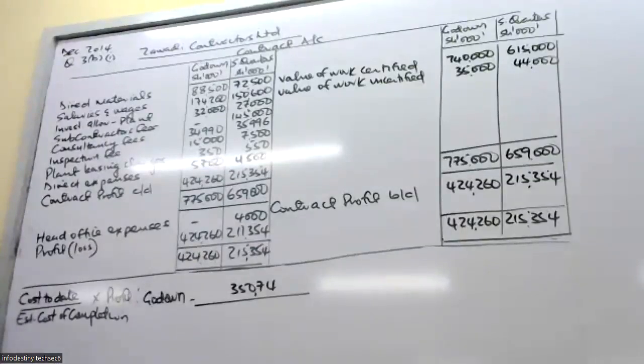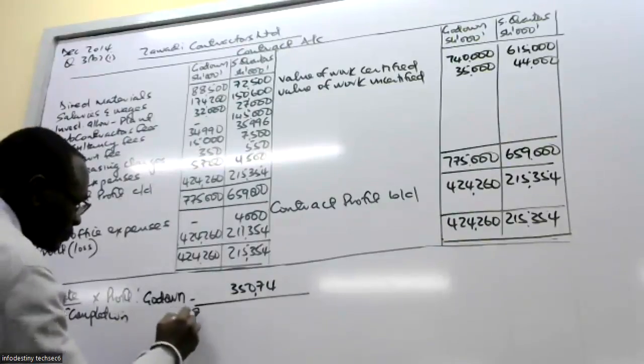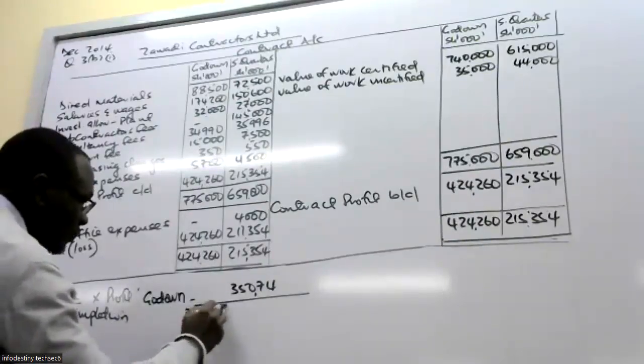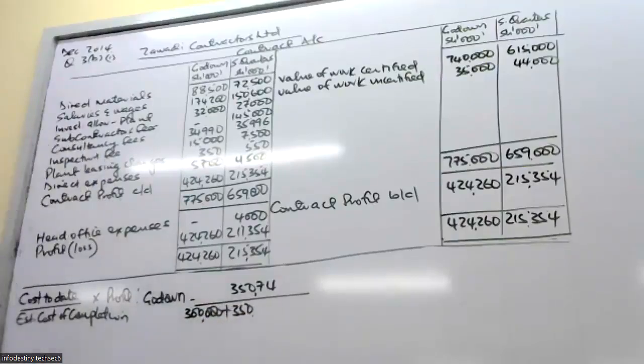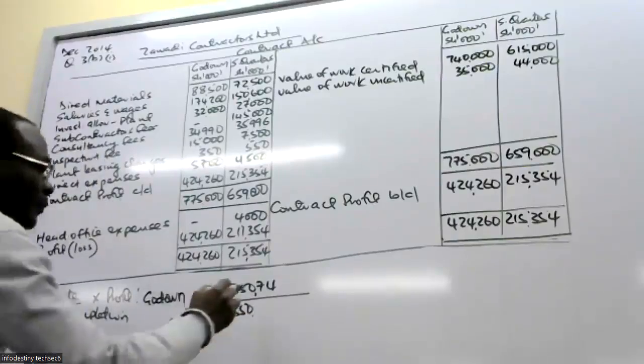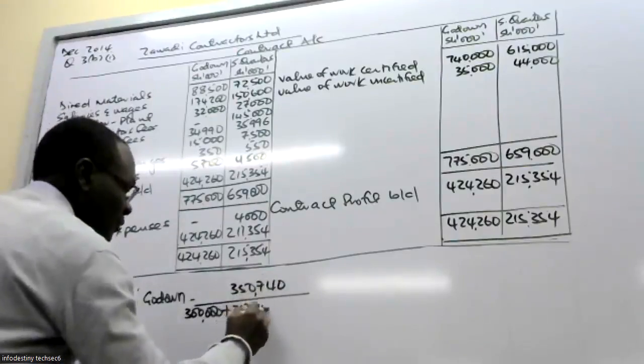So we have cost in January, opening balances. They've given you cost of work done as of January. For the go down is 300. Cost for this period is 350,740.